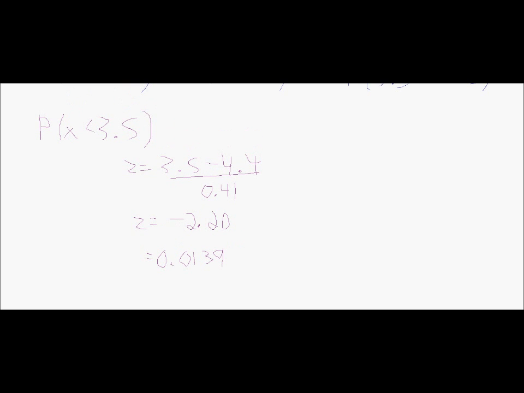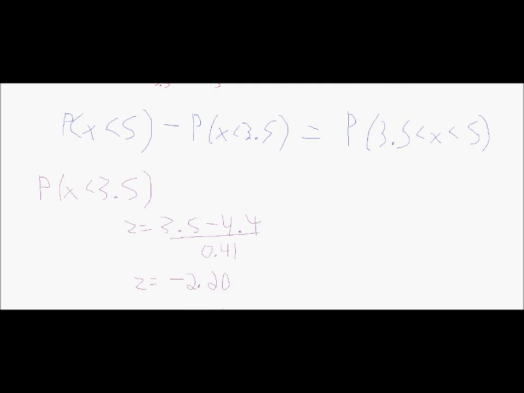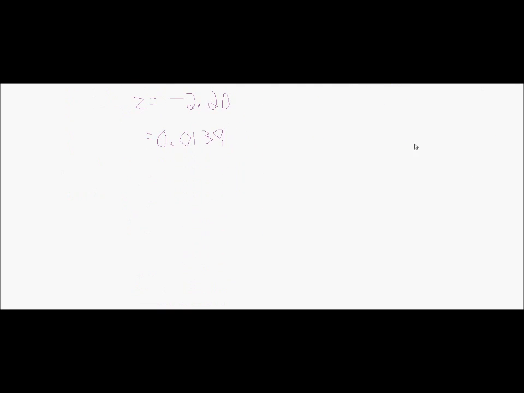Now you find the z-score for x is less than 5. Same thing. It's kind of boring, doesn't it? No, data is never boring.